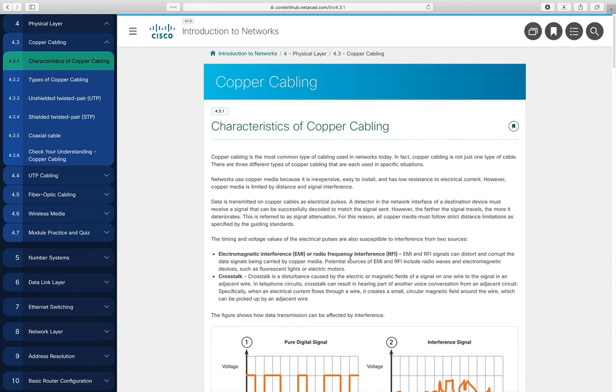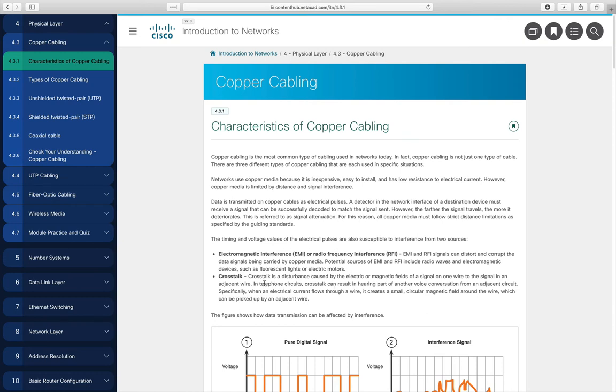A couple of things they're talking about down here is electromagnetic interference or radio frequency interference. That is the fact that if we have copper cable and it's in the vicinity of an electromagnetic field, there may be signals induced upon that cable.